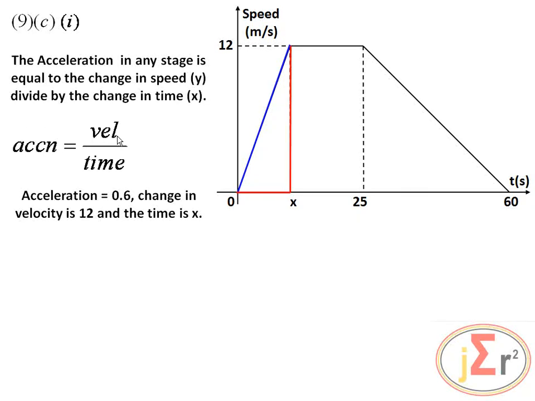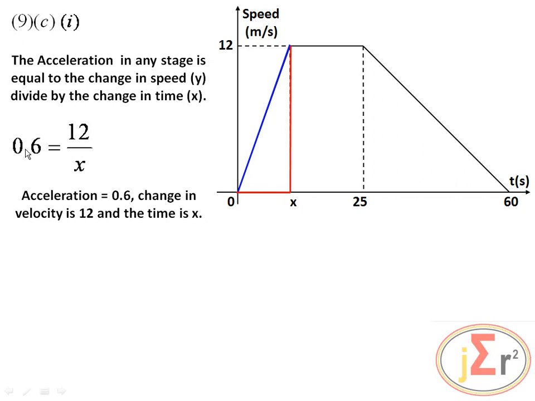Acceleration, velocity, time. Acceleration is given to us as 0.6. Velocity, we know, we can look at this and see that it is 12. The value of x we do not know. We make the substitution, then we will make the transposition. So 0.6 is equal to 12 over x. So x is equal to 12 over 0.6. By transposition, the x dividing here will be multiplied there.